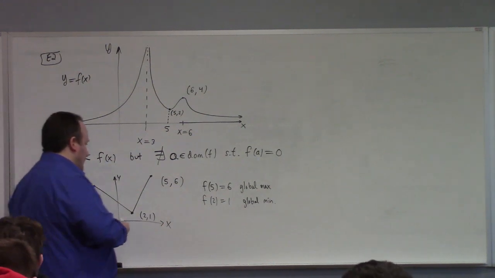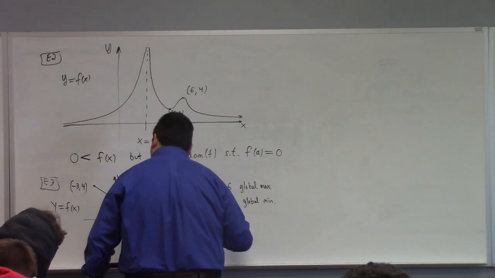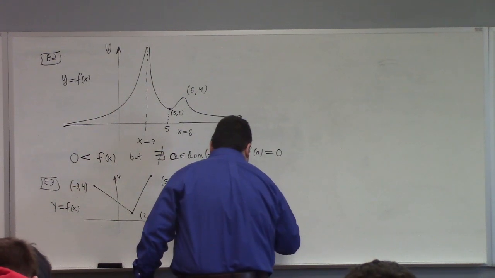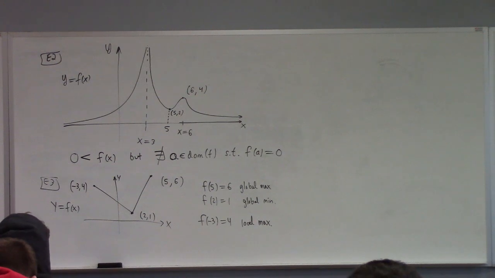But I would like to say here that f of -3 equals 4 is a local maximum. All right. So I think I've said enough about that. Usually nobody gets confused about the concept of min or max in that way, right?